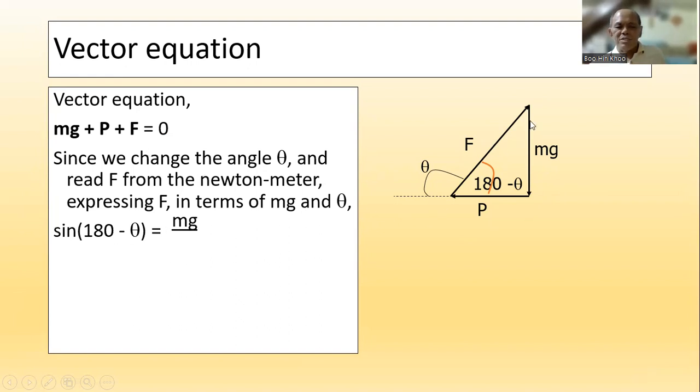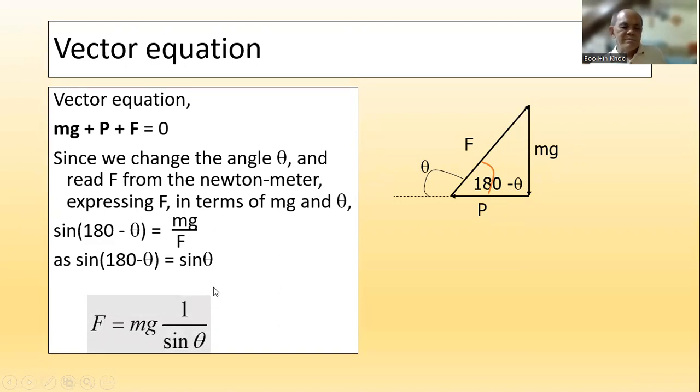So we look at this triangle: mg over sine of 180 minus theta equals F over sine of the opposite angle. As sine of 180 minus theta is equal to sine theta, we can rewrite the equation as F equals mg times 1 over sine theta. This is extra info, how the examiner derived the equation.